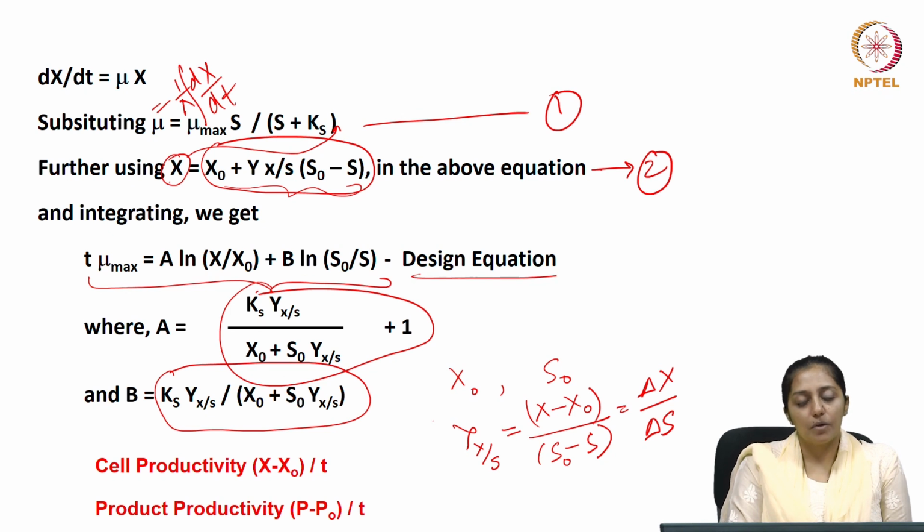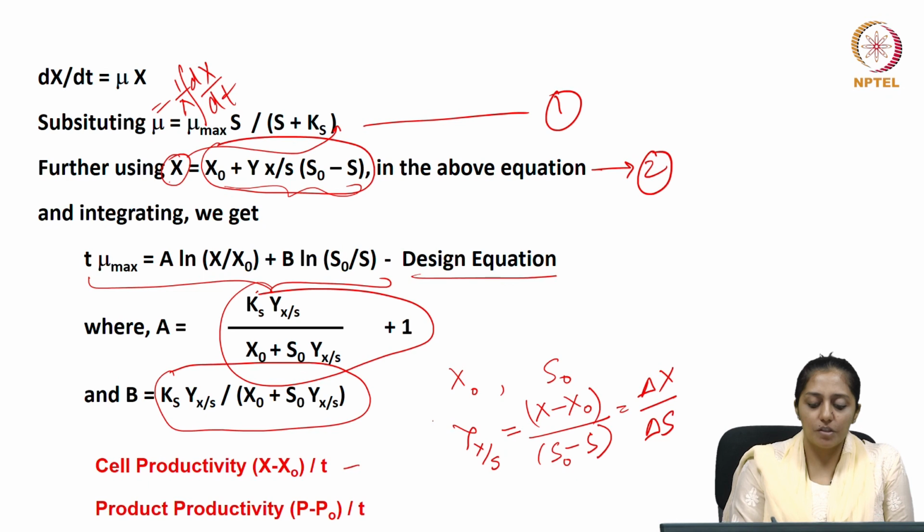What will be the cell productivity? The cell biomass productivity can be determined as, now this is volumetric productivity. So, how is it defined? The cell productivity would be the cell concentration achieved per unit time.